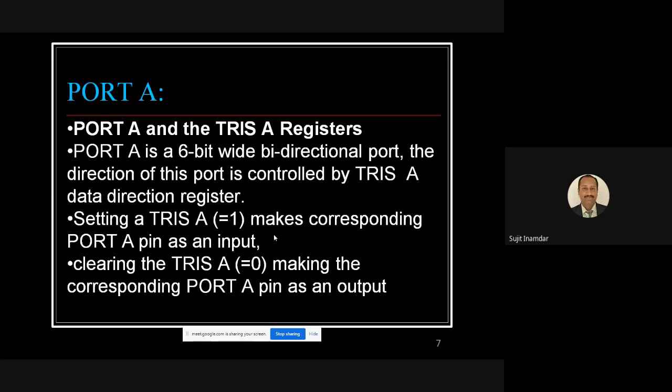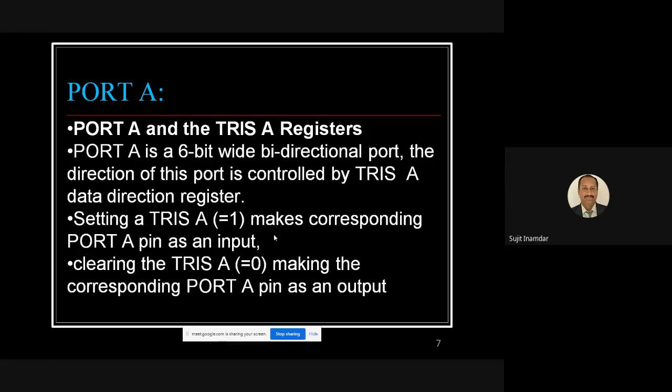Then about port A. Port A and the TRIS-A register, which is used for deciding the direction. Port A is a 6-bit wide bidirectional port, and the direction is controlled. Direction म्हणजे काय की whether input म्हणजे inward, output म्हणजे outward.